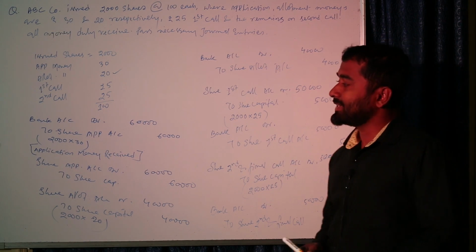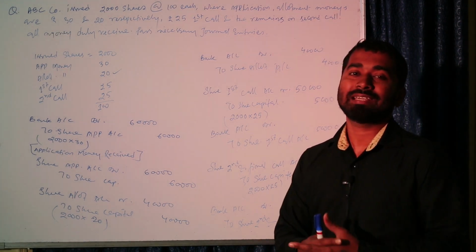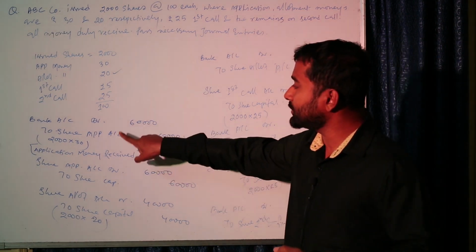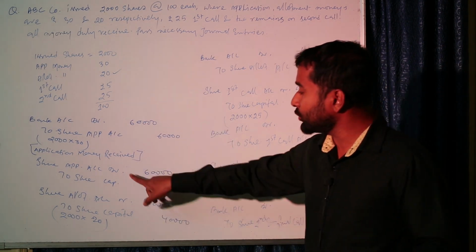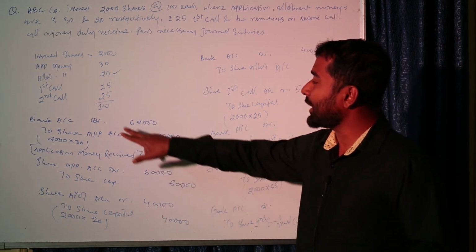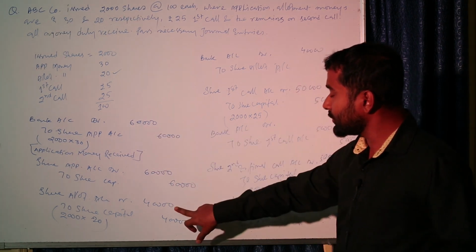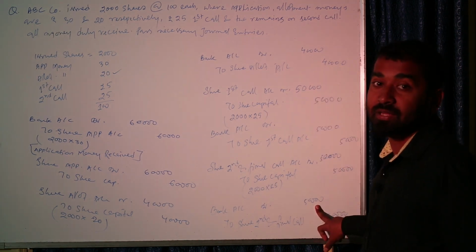Now if a question asks how much share capital you actually received, then all the bank amounts you have transferred, or due entries, go to share capital. You received 60,000 here, 40,000 here, 50,000 here, and another 50,000 here.